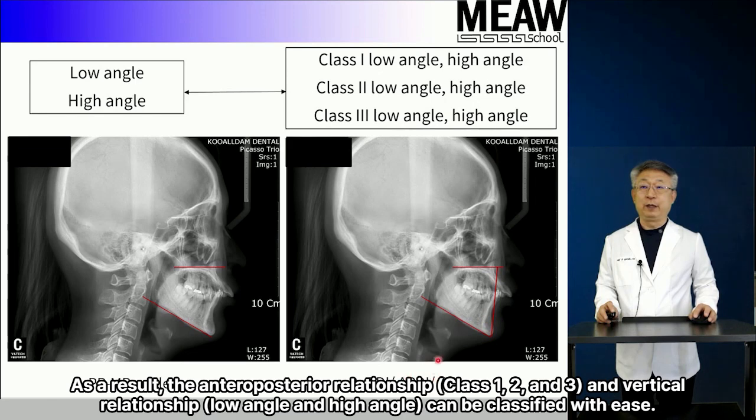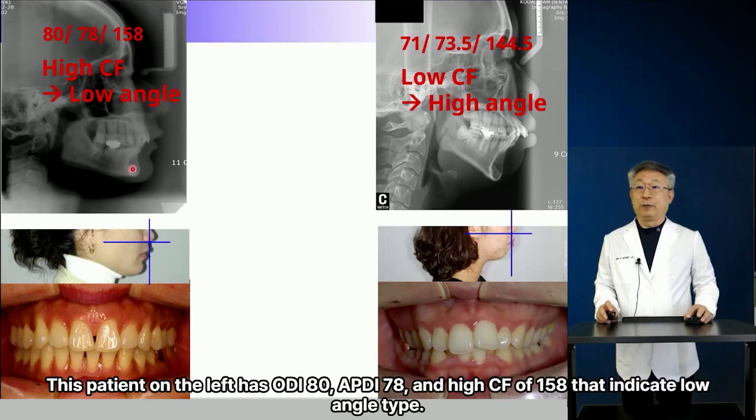As a result, the anteroposterior relationship class 1, 2, and 3 and vertical relationship low angle and high angle can be classified with ease. This patient on the left has ODI 80, APDI 78, and high CF of 158 that indicate low angle type.